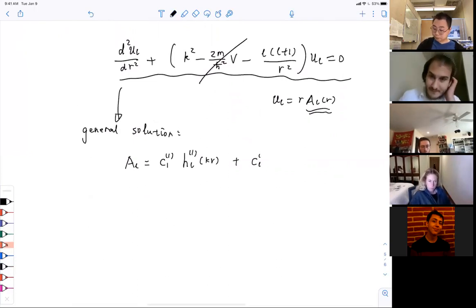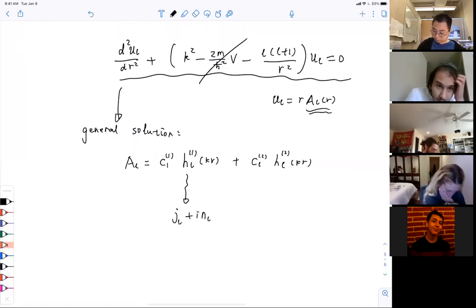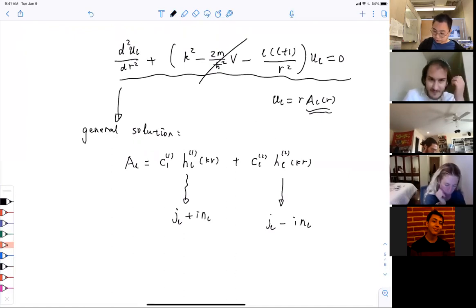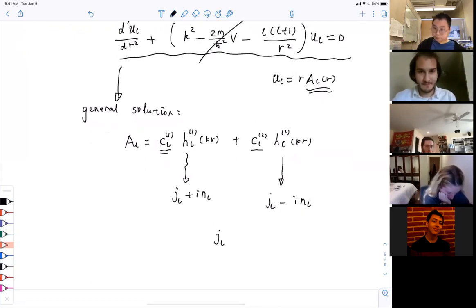Here there are special spherical Bessel functions. This one is j_l plus i n_l, and this one is j_l minus i n_l. C1 and C2 are just coefficients. I know what j_l is; the expression is actually very simple.